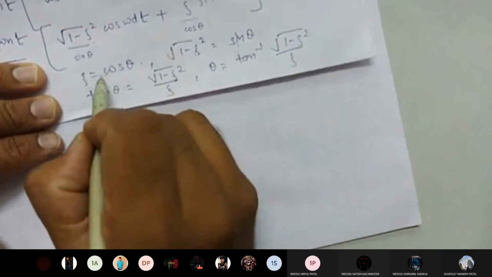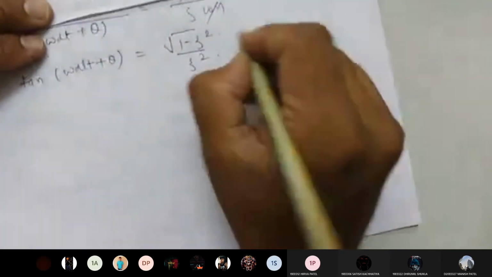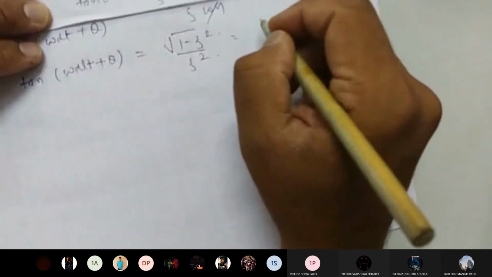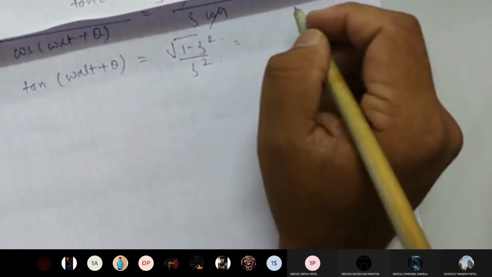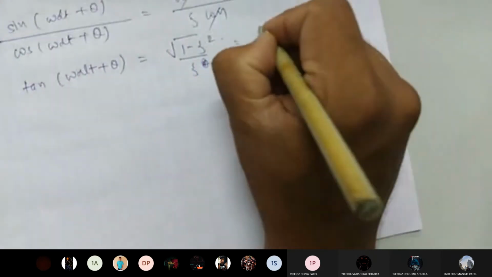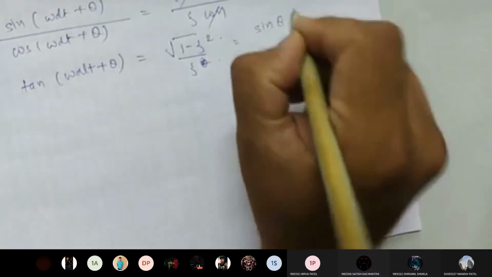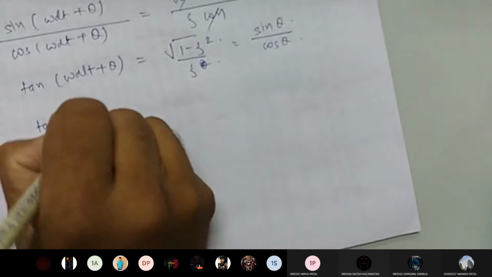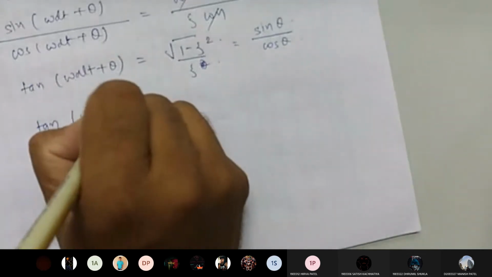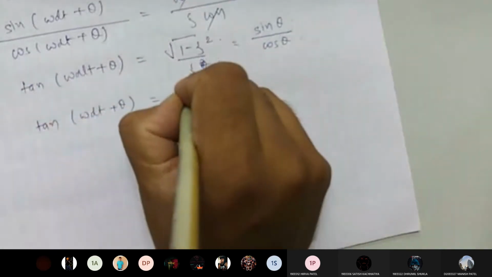We have assumed sin theta and cos theta is equal to zeta. So what will come here? Sin theta divided by cos theta. So tan omega dt plus theta is equal to tan theta.